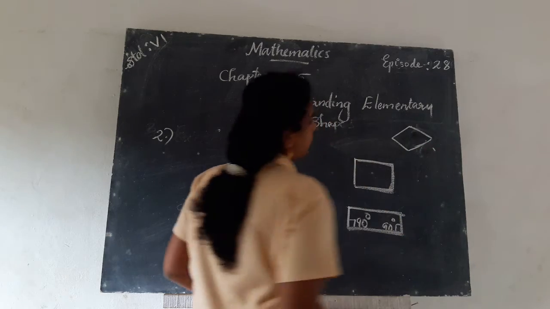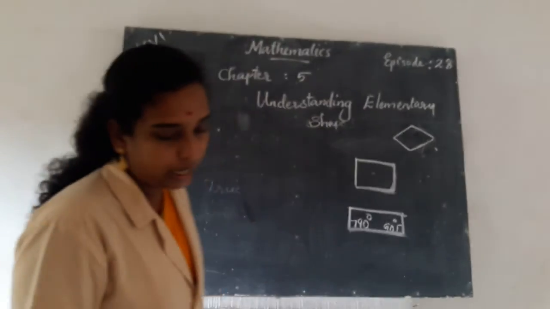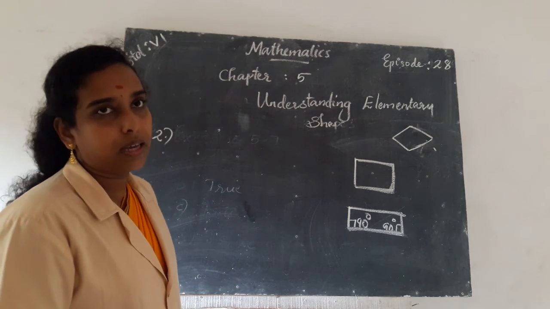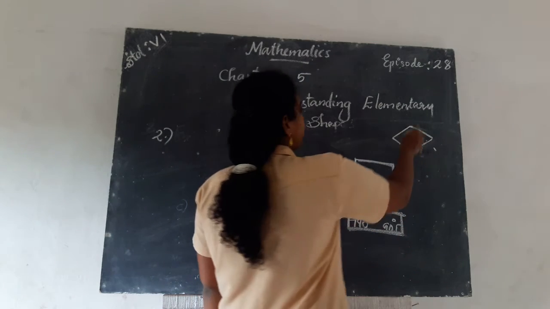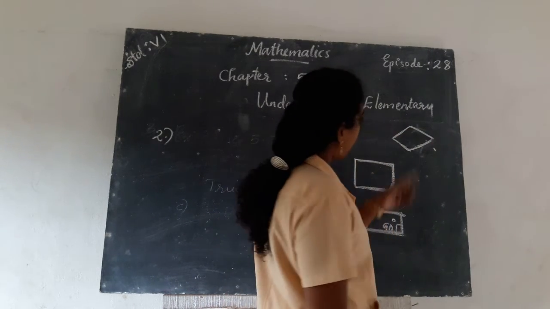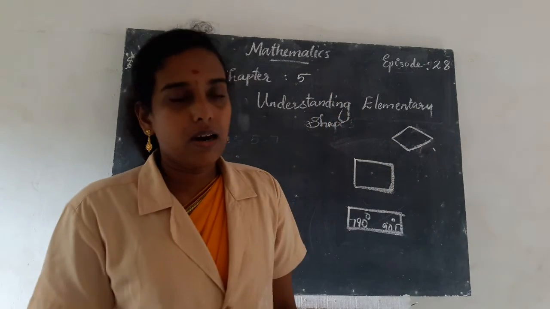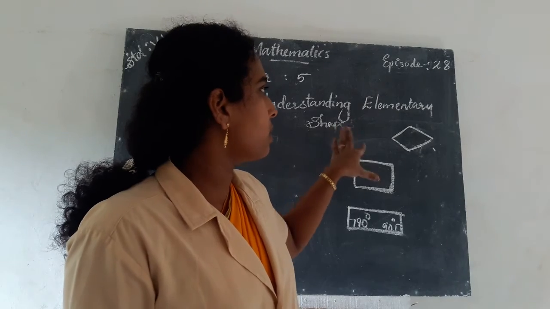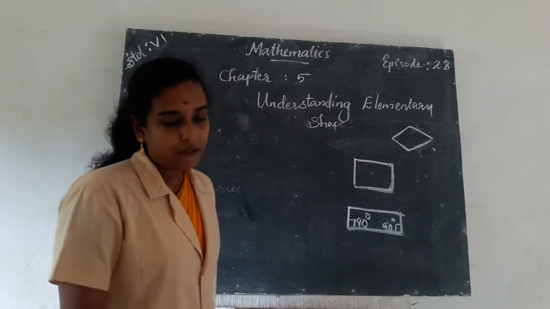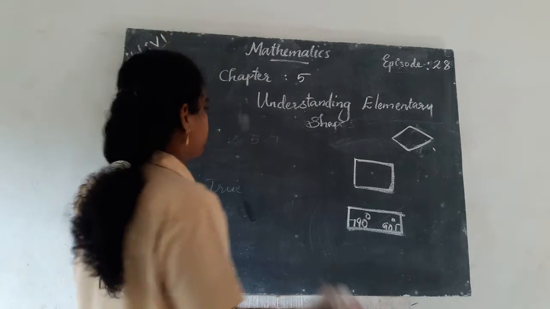But in the case of a square, all interior angles are right angles. When all sides of the rhombus are equal and all interior angles are 90 degrees, then it is said to be a square. So when the sides are equal and interior angles are 90 degrees, it is a square. Therefore, a square is a special rhombus.